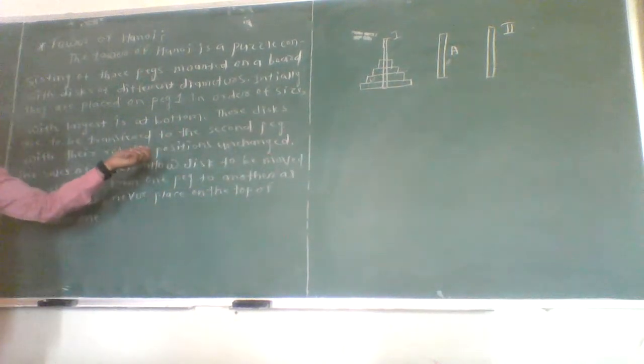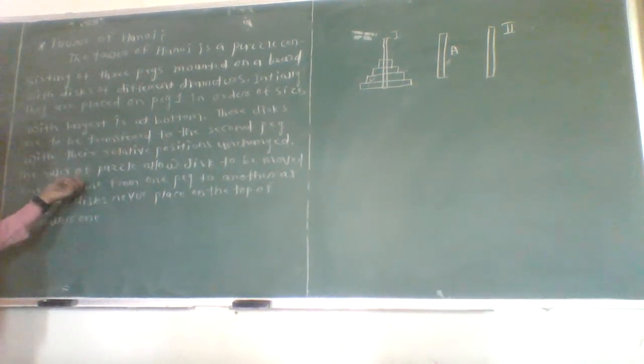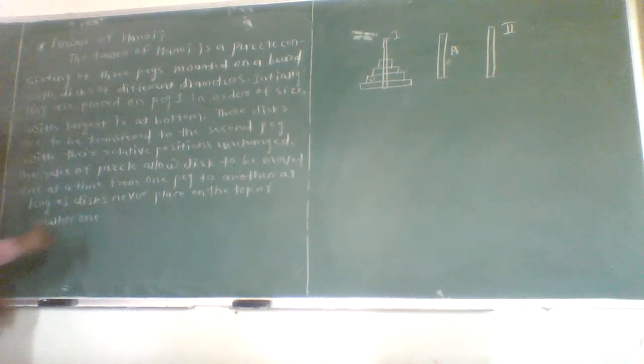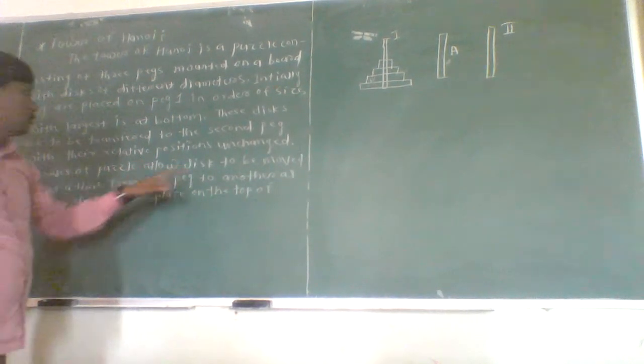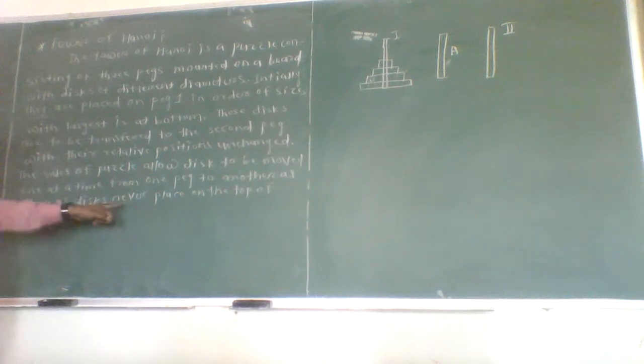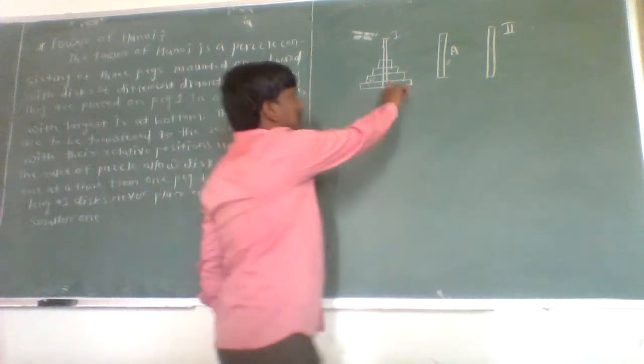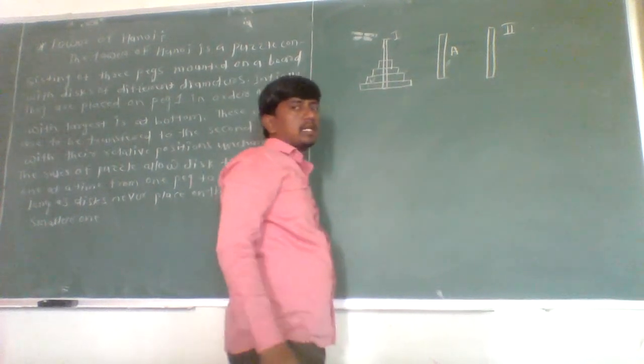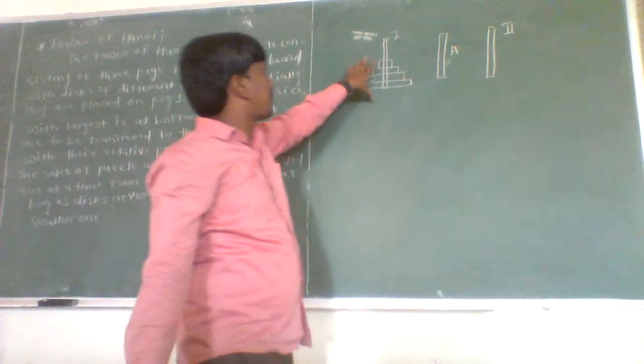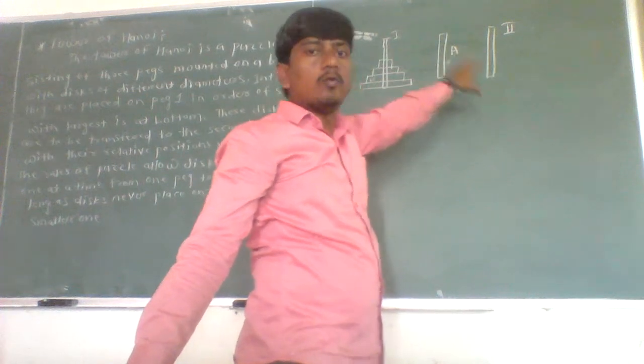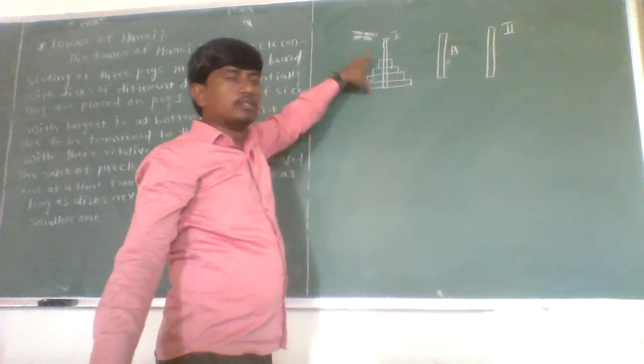We can't take two or more discs at a time. We move one disc at a time from one peg to another peg, as long as a larger disc is never on top of a smaller disc, and we have to move all the discs from peg 1 to peg 2 in that relative position.